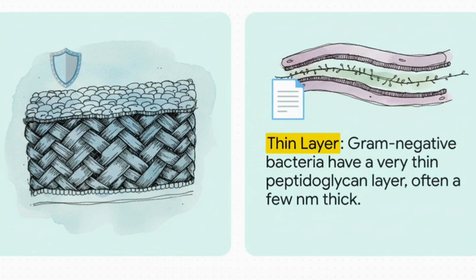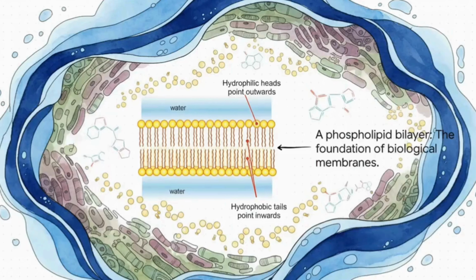Before that, let's quickly understand the cell membrane. It is a phospholipid bilayer, a very smart design. These molecules have a head that likes water and a tail that does not like water, so they form a flexible barrier.